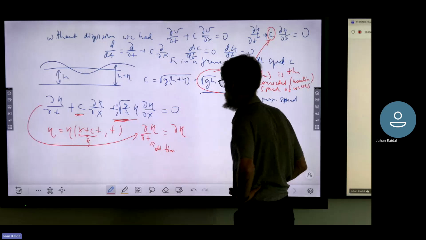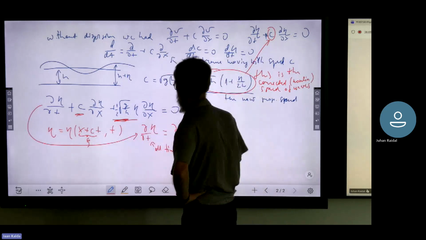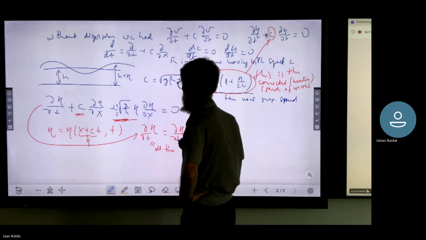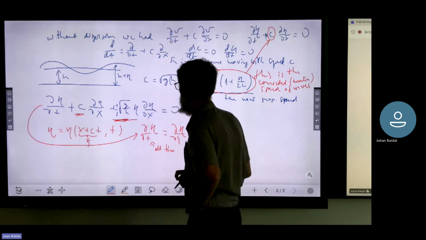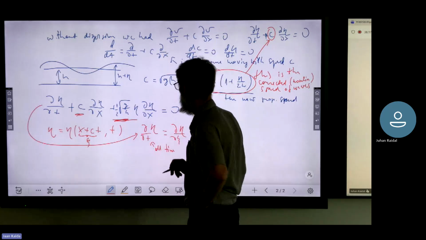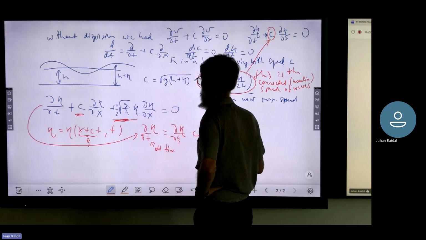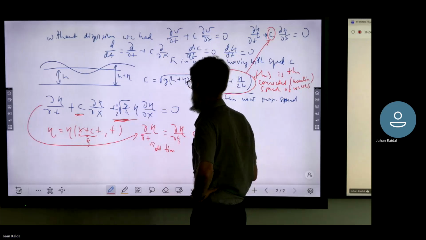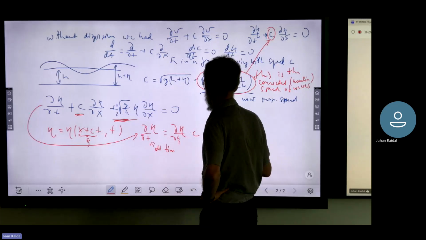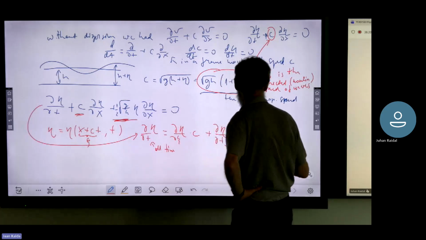And here is the new one. So here I take first d eta over d psi, and then d psi over dt, which is times c, and then plus d eta over dt, and this is a new coordinate.